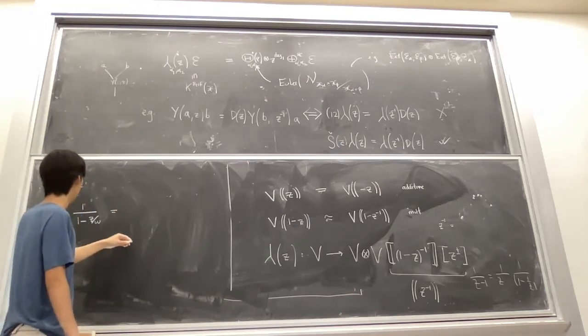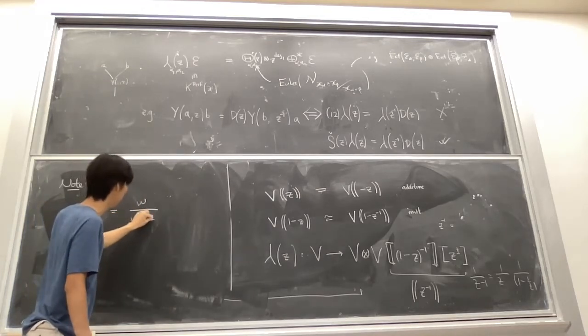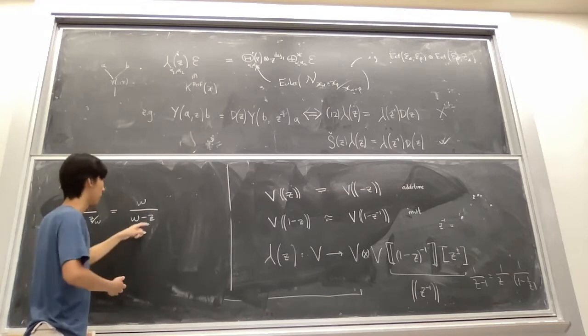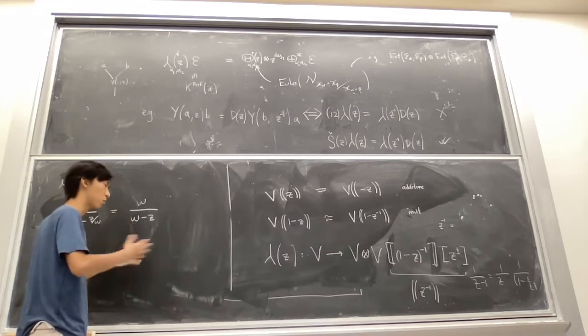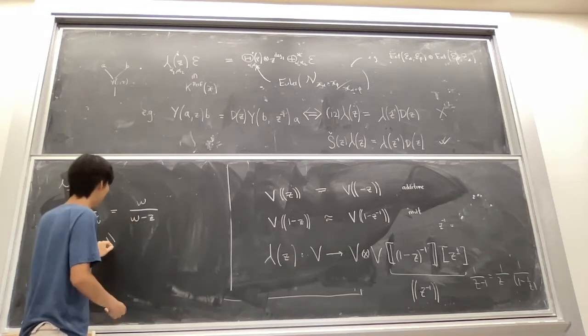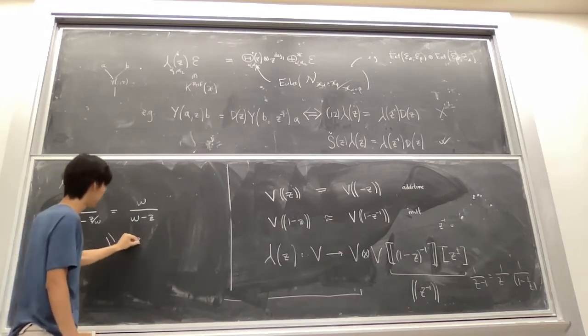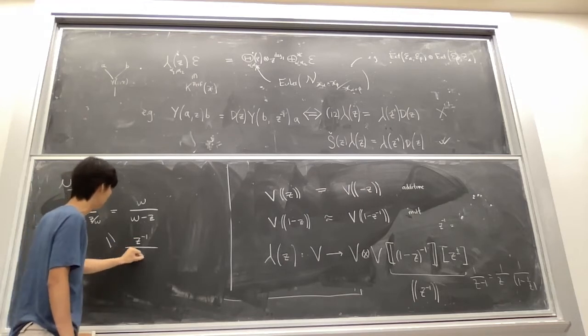Because, for example, what's this going to be? I can multiply everything by W minus Z, right? And then you can choose to expand this meromorphically in 1 minus Z or meromorphically in 1 minus W, following the usual kind of prescription. But equally well, I can do something kind of funny. I can multiply everything by Z inverse, and I'll get Z inverse minus W inverse.